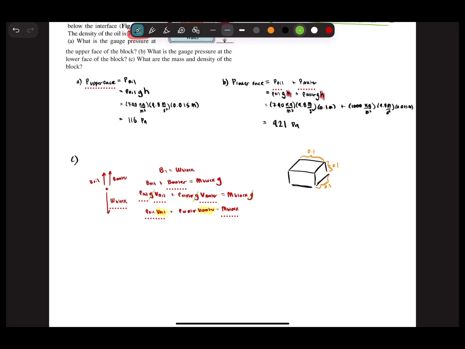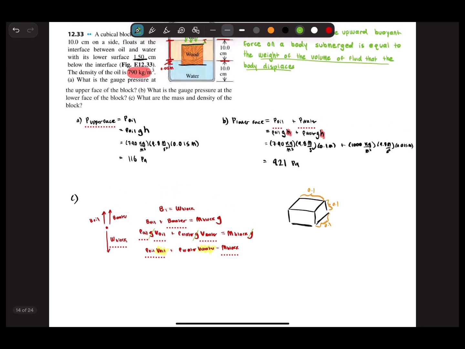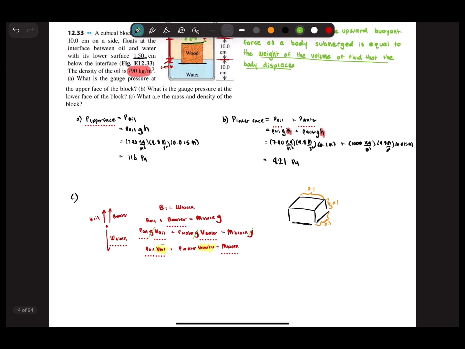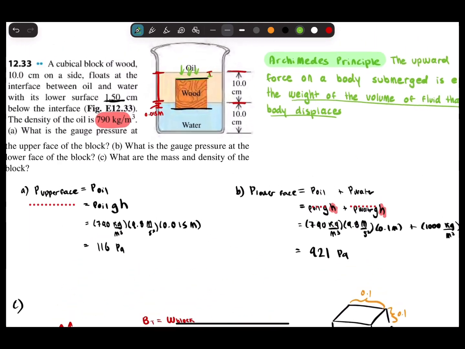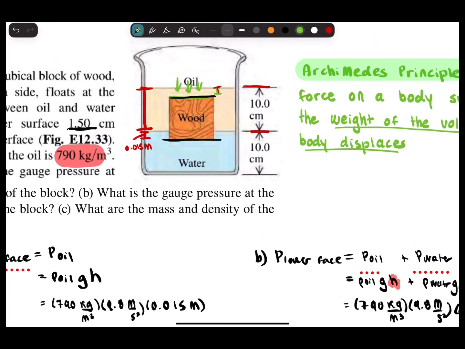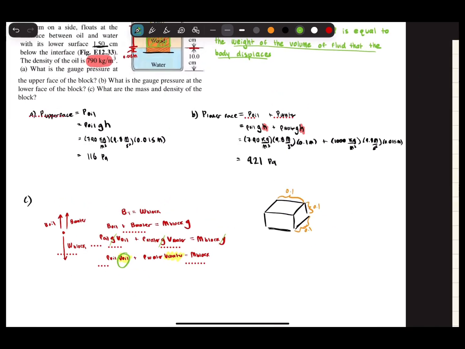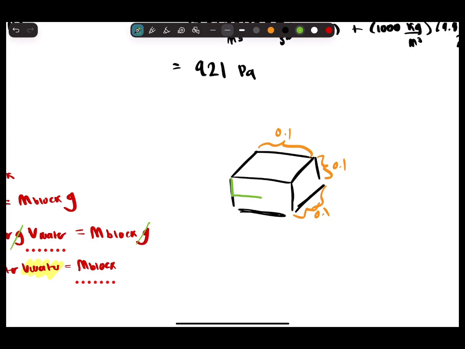Now, if we're talking about the volume of oil displaced, that is going to be equal to the volume of the cube that's submerged in oil. So that's going to be equal to the volume of the top part of the cube.